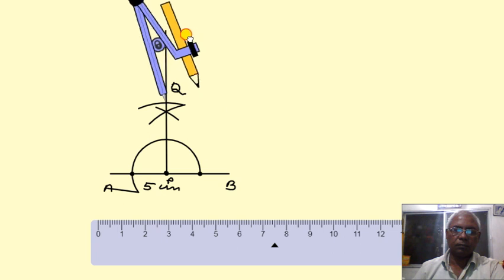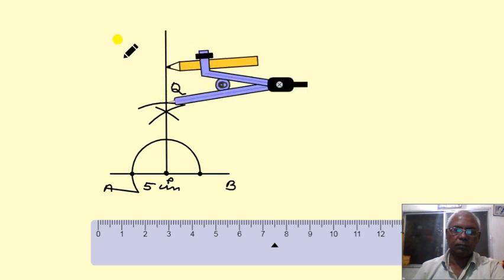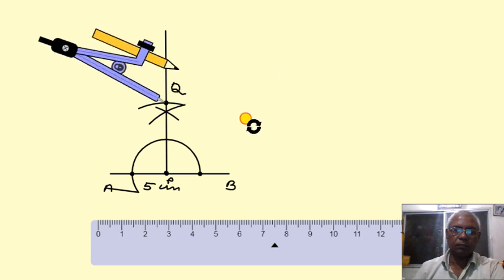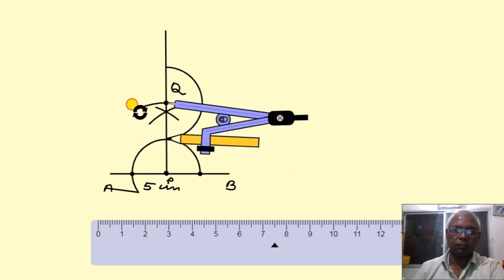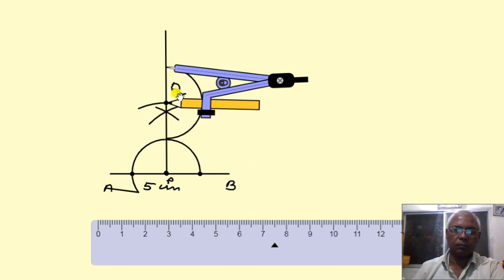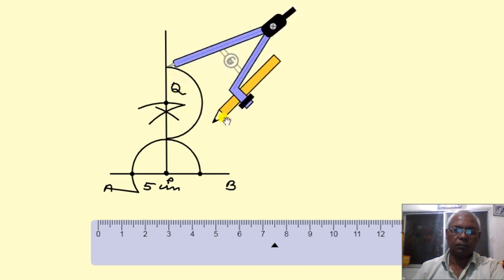Take a distance of 1.5 centimeters in your compass and keep it at point Q, and make an angle of 90 degrees. How can we make this 90 degree angle? You can see here. Make an arc like this.